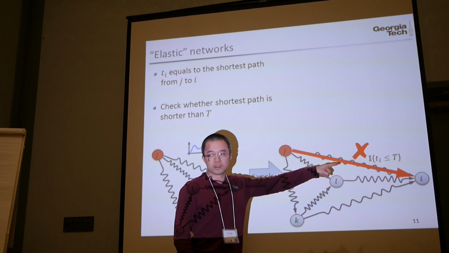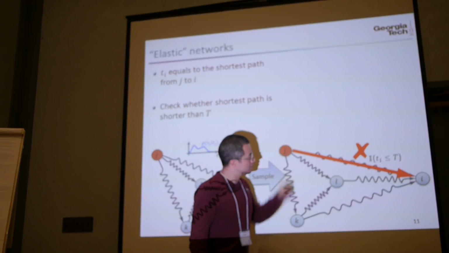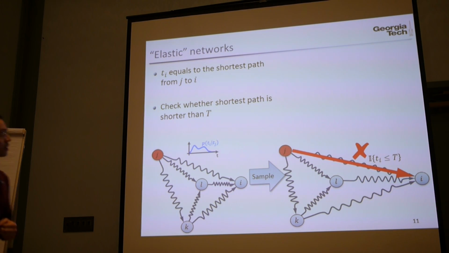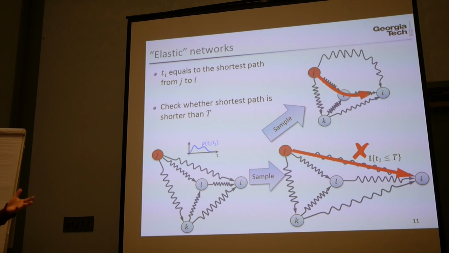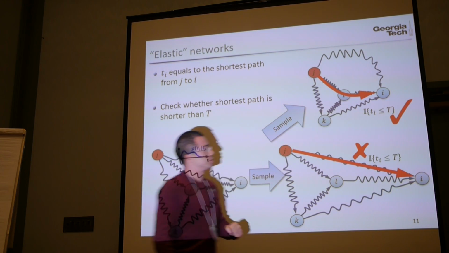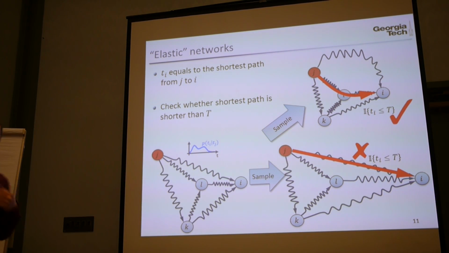You check for each node, you run shortest path, and then see whether the shortest path is smaller than or equal to t or not. And then you sample another network, and you check for each node whether the shortest path is smaller than or equal to t.